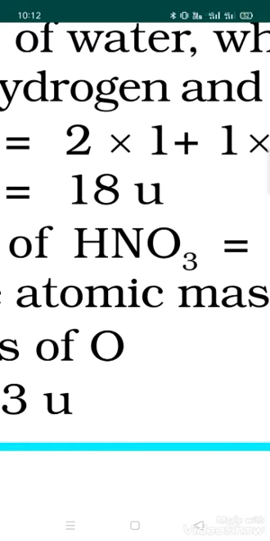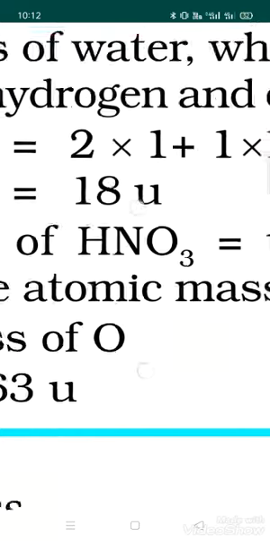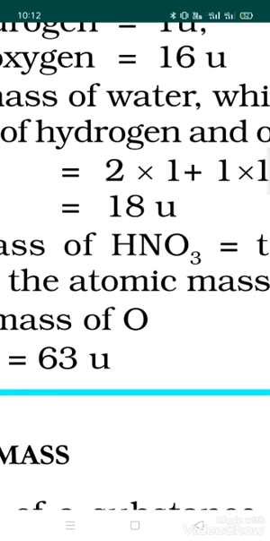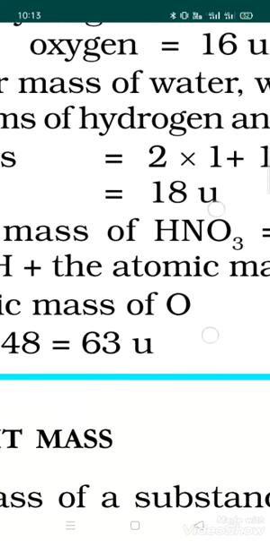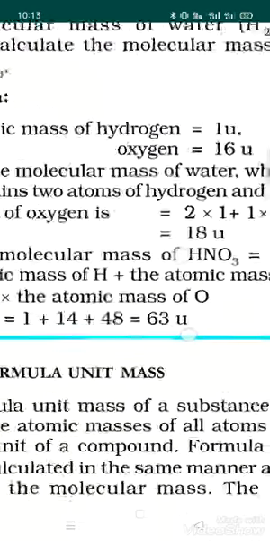oxygen we have. If the atomic mass of one atom is 16, then you can calculate the atomic mass of 3 atoms, no problem. If you have the atomic mass of one atom of oxygen, then you can multiply this with 3, so you will get the atomic mass of 3 atoms of oxygen.